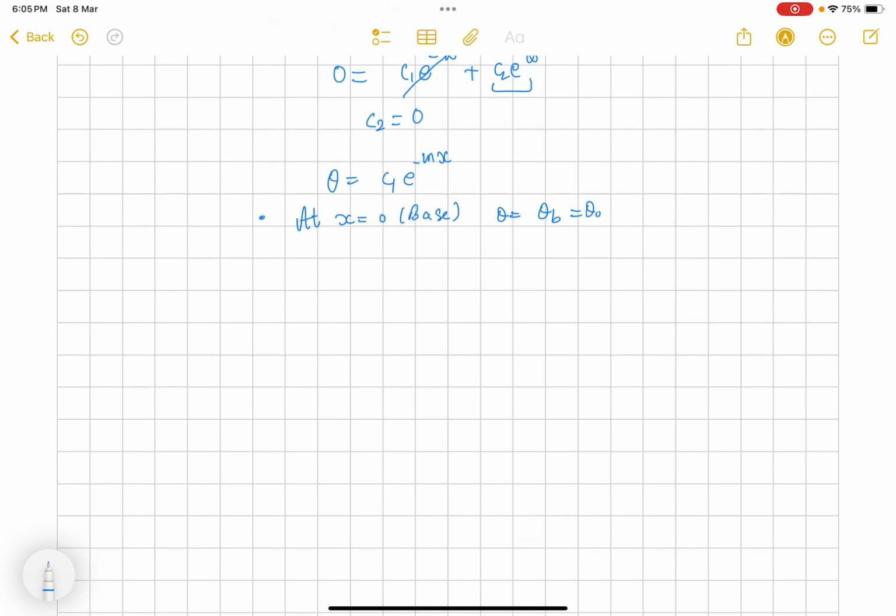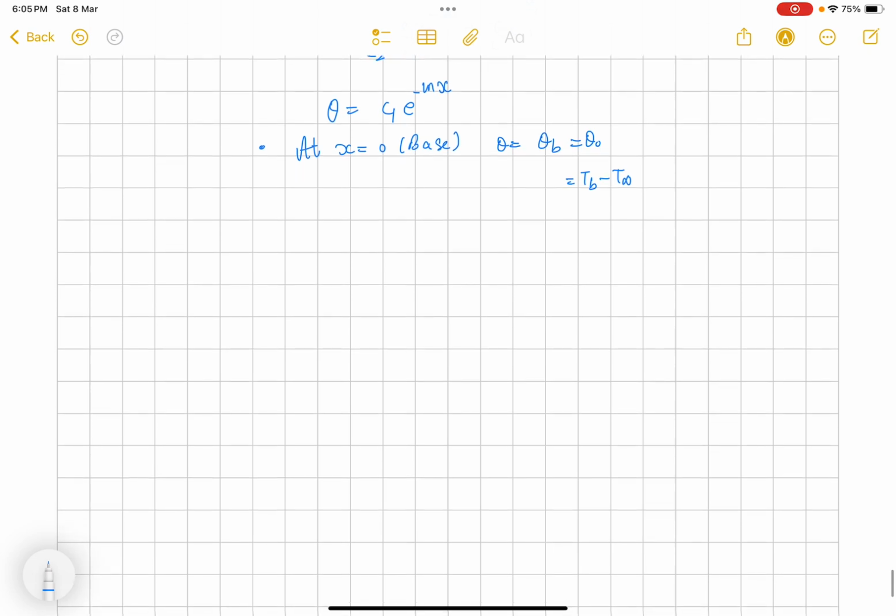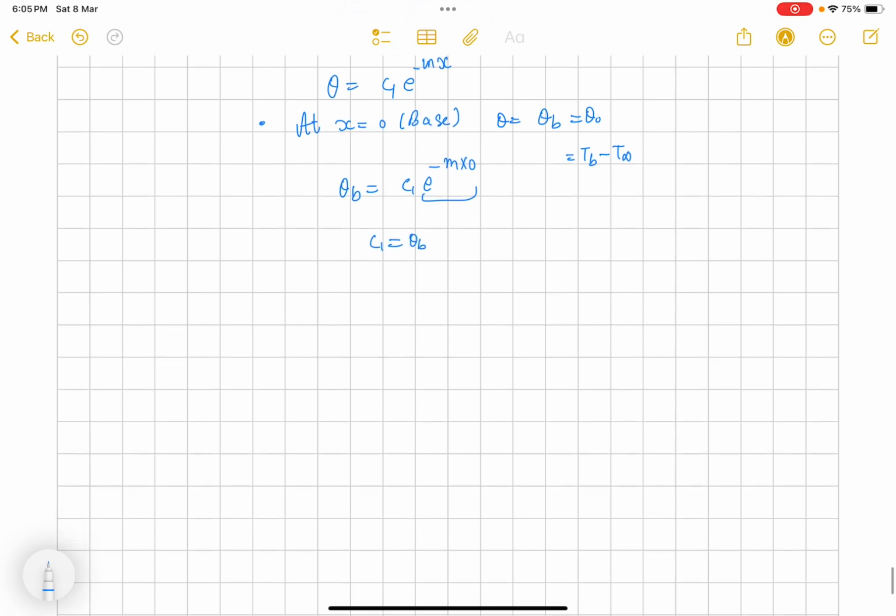Which is base temperature minus T infinity, the ambient fluid temperature. So theta will be theta b at x equal to 0, C times e power m times 0. E power 0 will be 1, so C will be theta b. So we will have theta as theta b times e power minus mx.